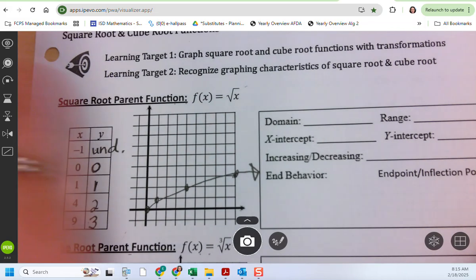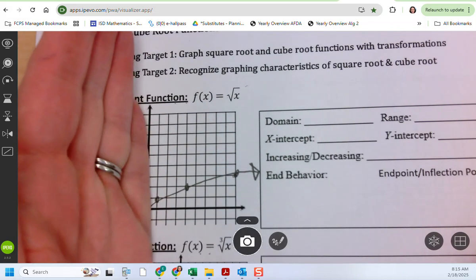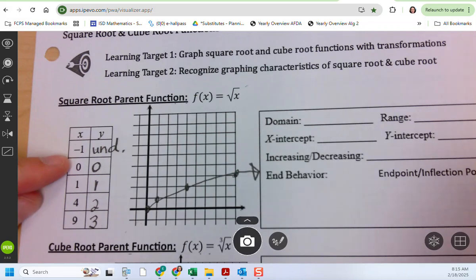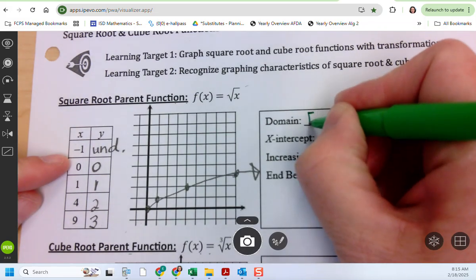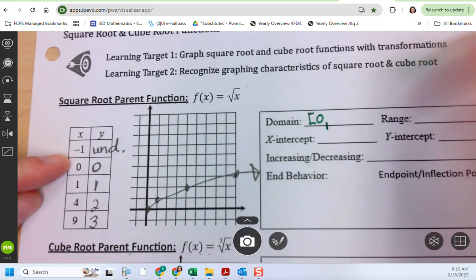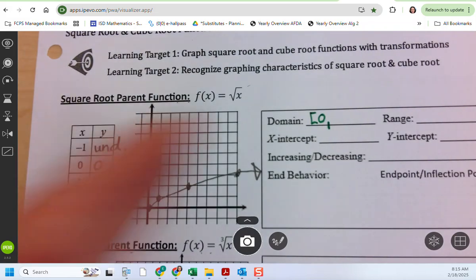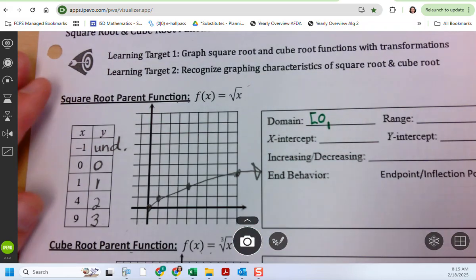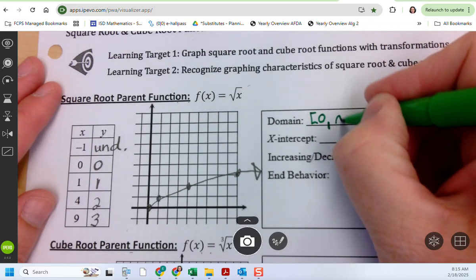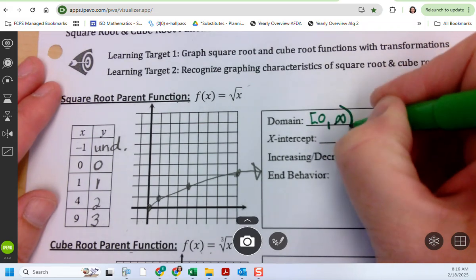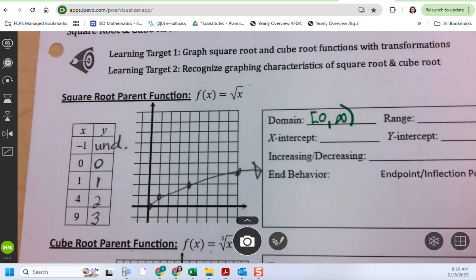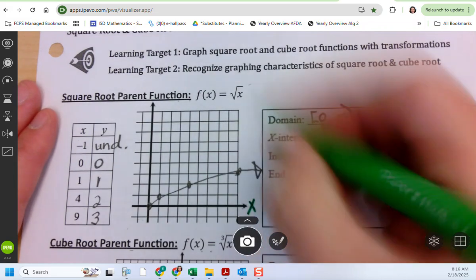All right. Our domain starts at the first number I can do the square root of, which is 0. And it includes 0, so I use that square bracket. And then it keeps going all the way to the right, so it keeps going to positive infinity. Remember that domain is your x values.